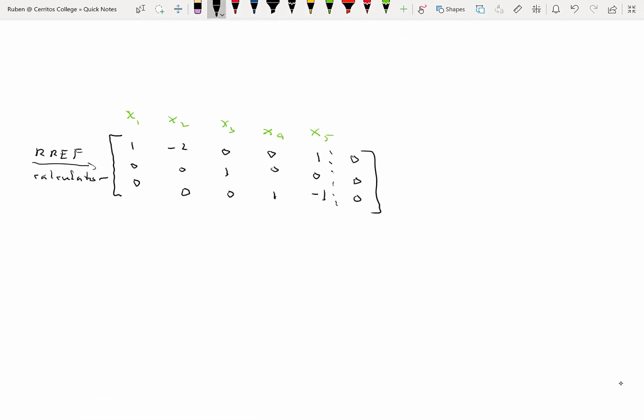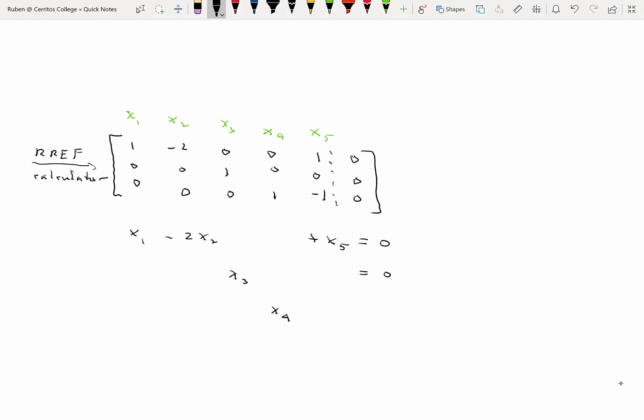So back to our problem. What does this translate into? It translates into the system x1 minus 2x2 plus x5 equals 0. The second equation would be x3 equals 0.